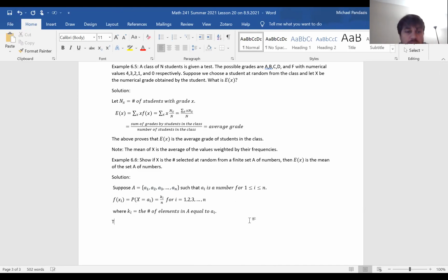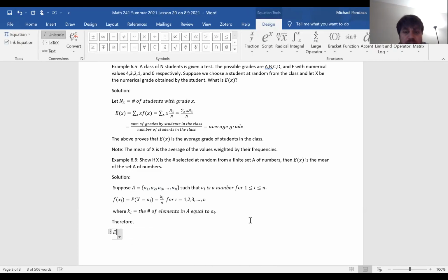Okay, so therefore E of X is equal to the sum from i equals 1 to m of x sub i times f of x sub i.